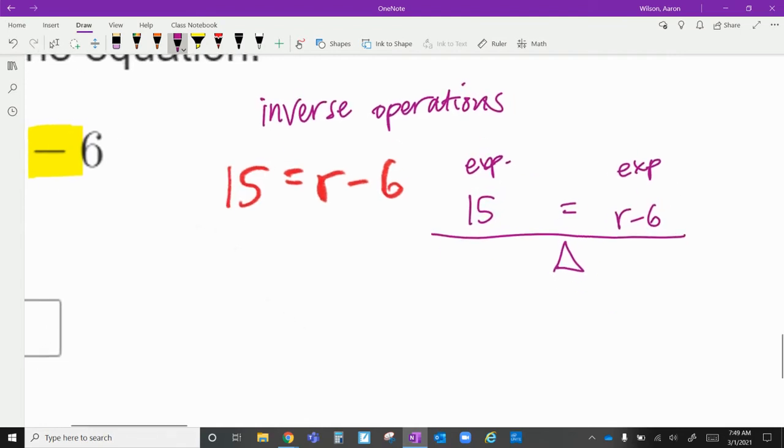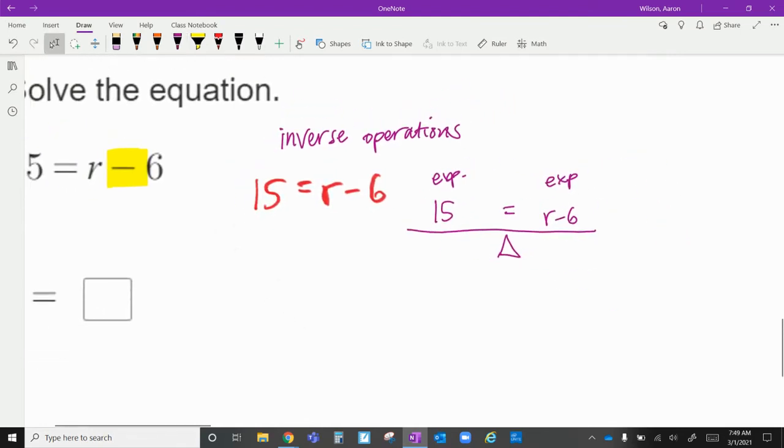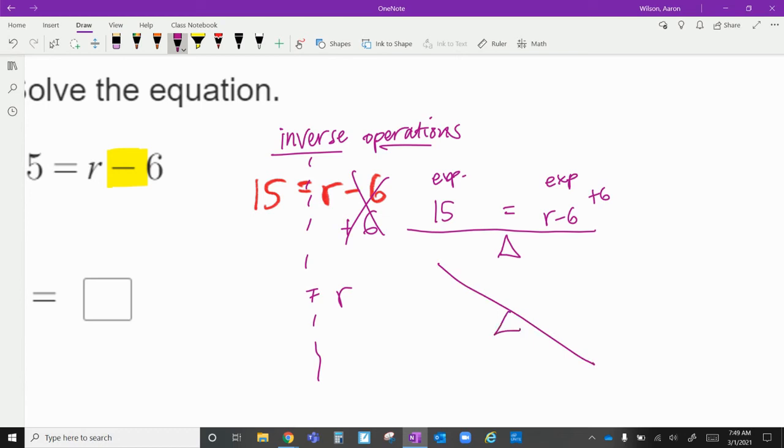I have to figure out what the value of r actually is. In order to do that, we're going to do the opposite, otherwise known as the inverse operation. So I'm going to add 6. Because if I add 6, my minus 6 and my plus 6 become 0. All that's left on the right side of the equal sign is just our variable r. But if I add 6 over here, the teeter-totter tips down on the right side because I've added weight.